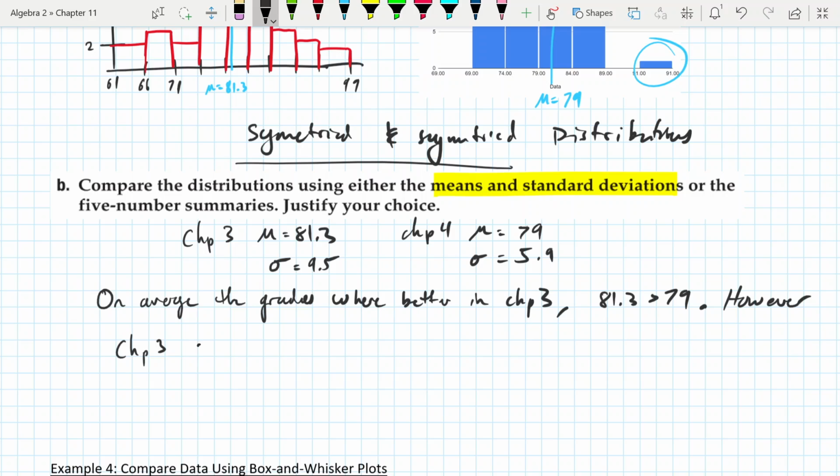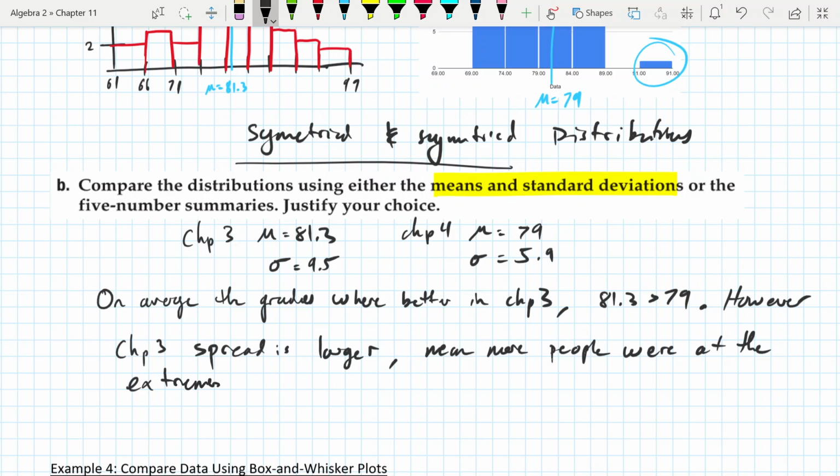However, chapter 3's spread is larger, meaning more people were at the extremes. Some people really got it, some people didn't get it. We got some D's, we got some A pluses, right?